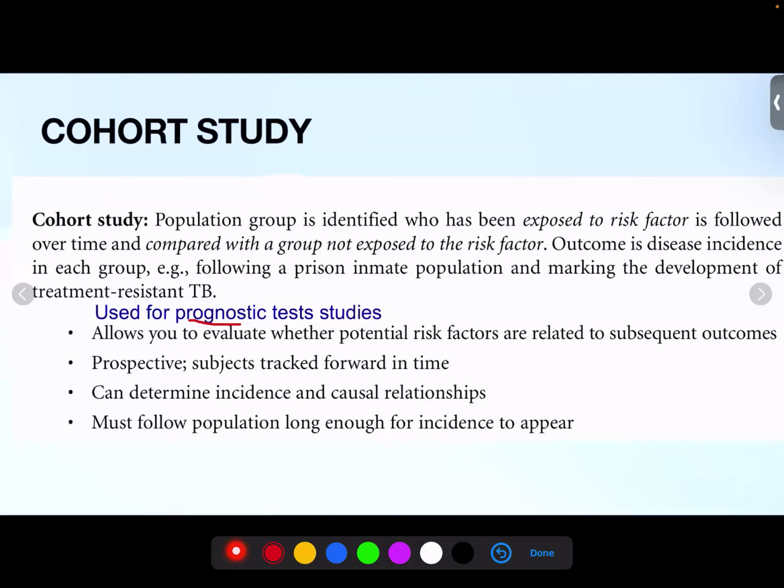Okay, so you can use it for prognostic studies, and it allows you to evaluate whether potential risk factors are related to outcome or not. It means that if you see smokers and non-smokers, and the result shows that after 10 years both groups have equal incidence of disease, like equal lung cancer in both groups, then you can say that smoking is actually not a risk factor.